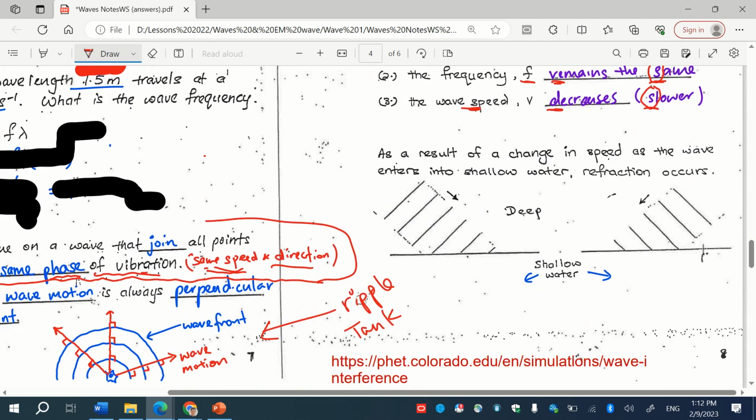Now this one is just for you to have an awareness of how the wavefront bends when you go from deep to the shallow region. Just now we saw the wavefront in the demo inside the ripple tank. When this line comes this way, all these are full wavelengths, right? This one gives you a full wavelength, but this one is not complete, only 3/4 complete. The next 1/4 is in the shallow region. It has to get dragged behind like that.